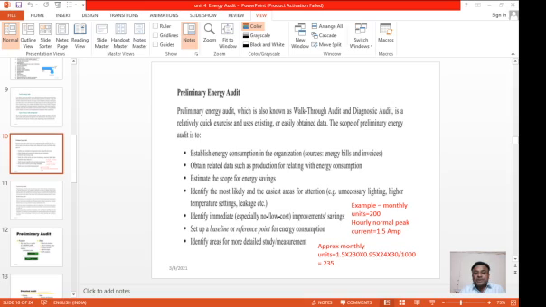As you know, kWh can be calculated as voltage into current into power factor. So if this is calculated for 1 month, we'll have a rough idea about the number of units.